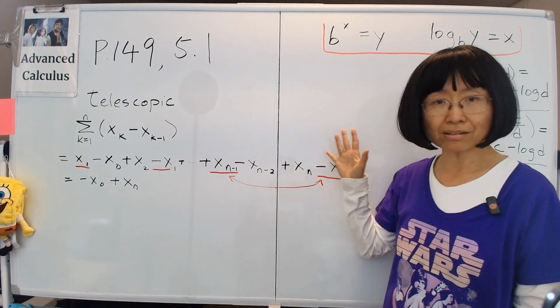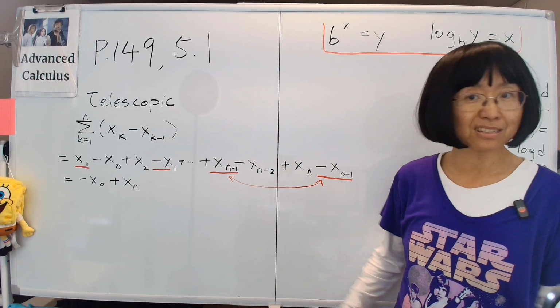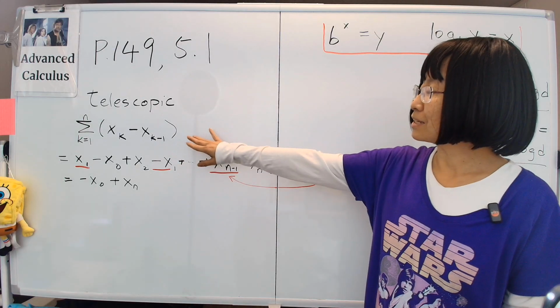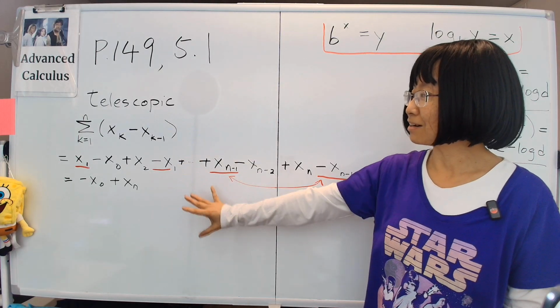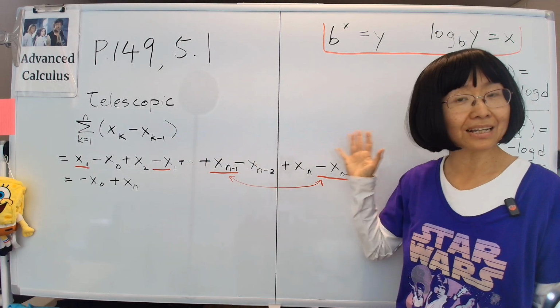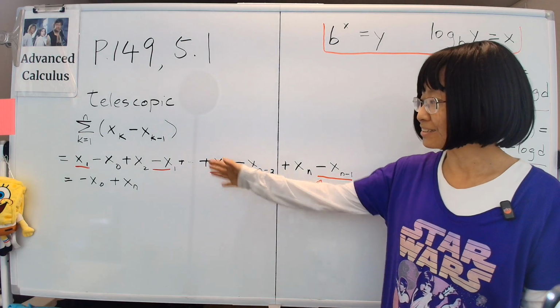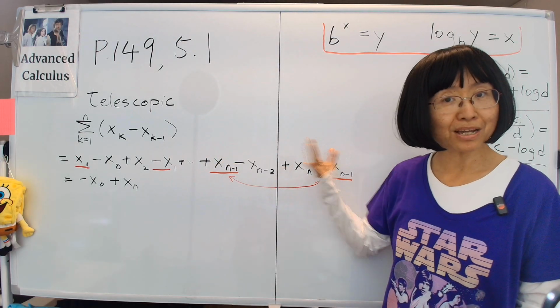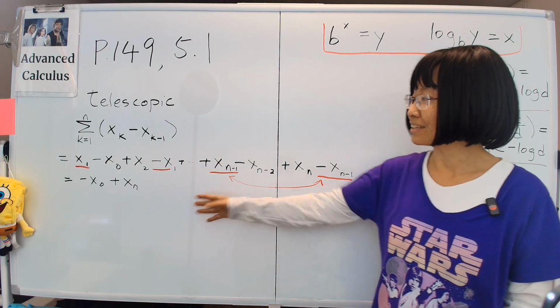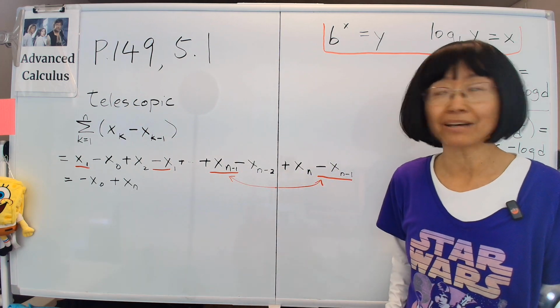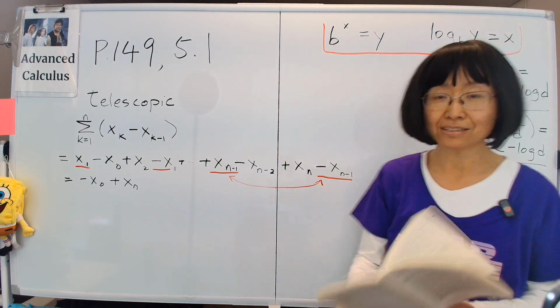This is called a telescoping sequence or series. You might have a big long bunch of stuff added, but at the end of the day, it subtracted itself out internally until you only have the head and the tail left. So remember, that's what telescopic means.